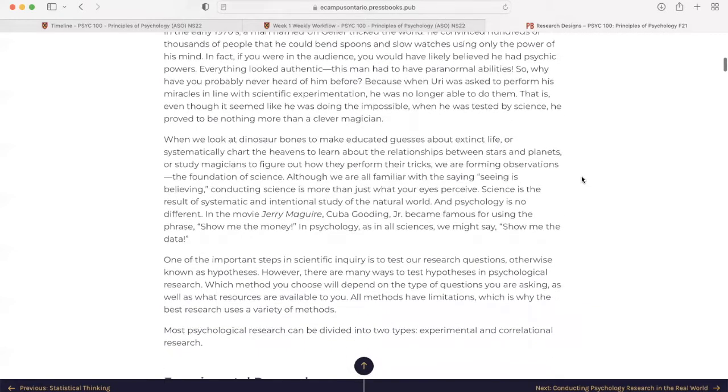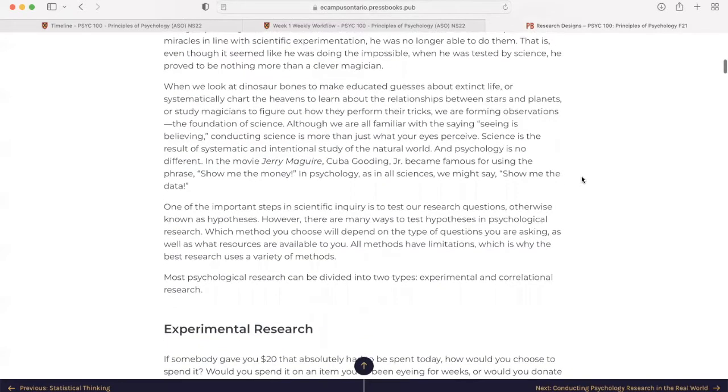When we look at dinosaur bones, we make educated guesses about extinct life, or systematically chart the heavens to learn about the relationships between stars and planets, or study magicians to find out how they perform their tricks. We are forming observations, the foundation of science. Although we are all familiar with the saying, seeing is believing, conducting science is more than just what your eyes perceive.